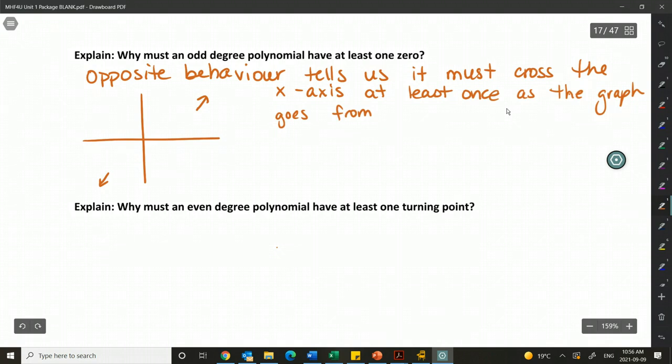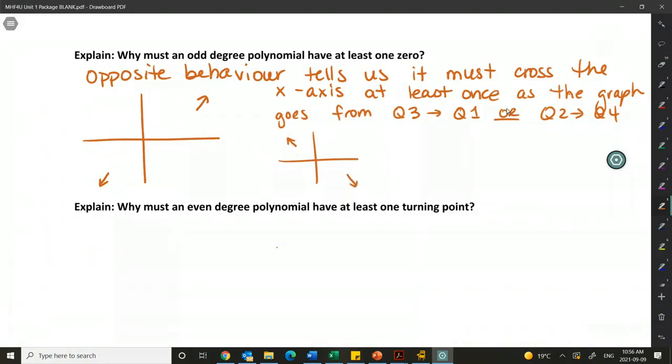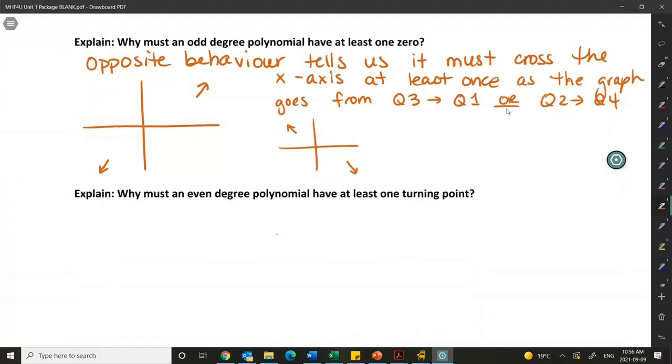So either it's going from quadrant 3 to quadrant 1, or it's going from quadrant 2 to quadrant 4. Okay, so this is the other option. In order for that to happen, the only way that's going to happen is if the graph crosses once over the x-axis, or it could happen more, right, if the S is more pronounced, but it has to at least go once.